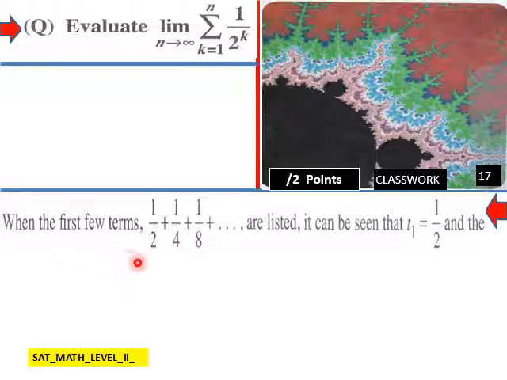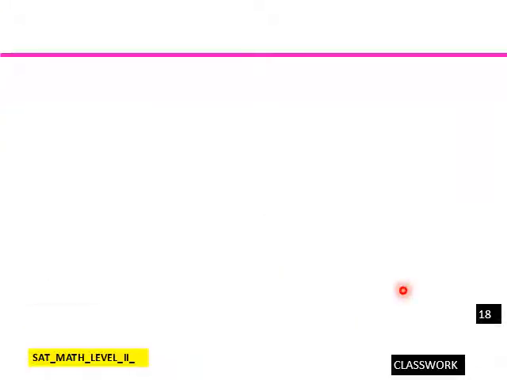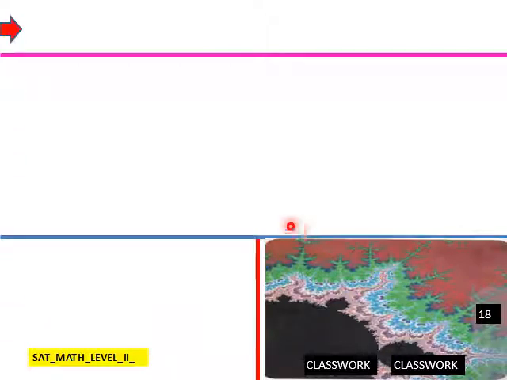When the first few terms, say 1/2, 1/4, 1/8, plus and so on, are listed, it can be seen that term 1 equals 1/2 and the common ratio is r equals 1/2. Therefore, our summation will equal 1/2 over 1 minus 1/2, which equals 1.